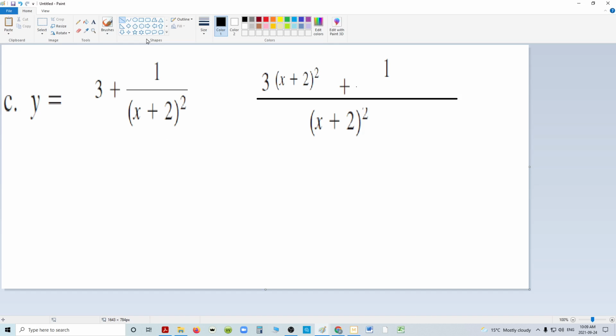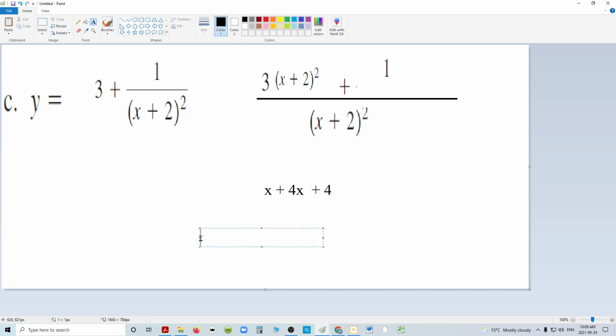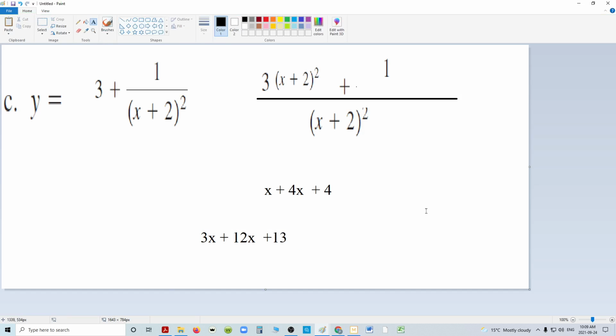Now, I'm generally going to leave it like this for solving the problems. But if I was going to better understand a graph, sometimes it's important to do this. If I was going to expand the bottom, I get x squared plus 4x plus 4. If I'm going to expand the top, I get 3x squared plus 12x plus 13.